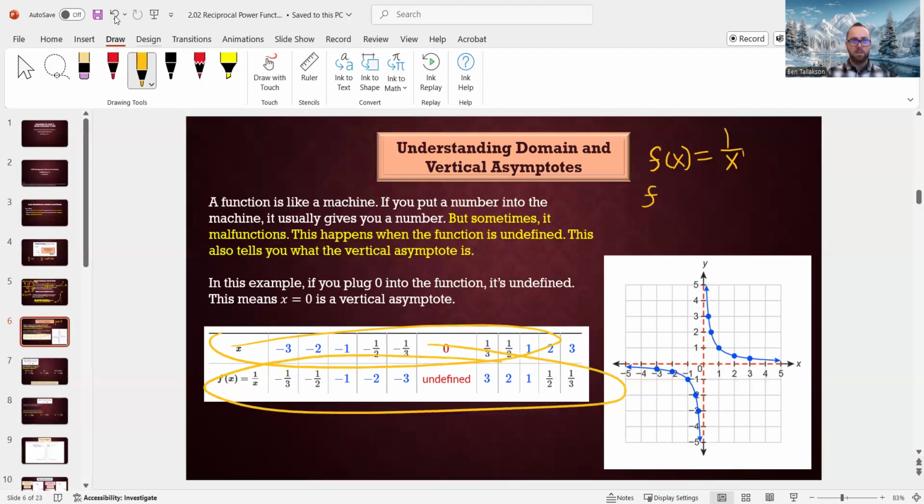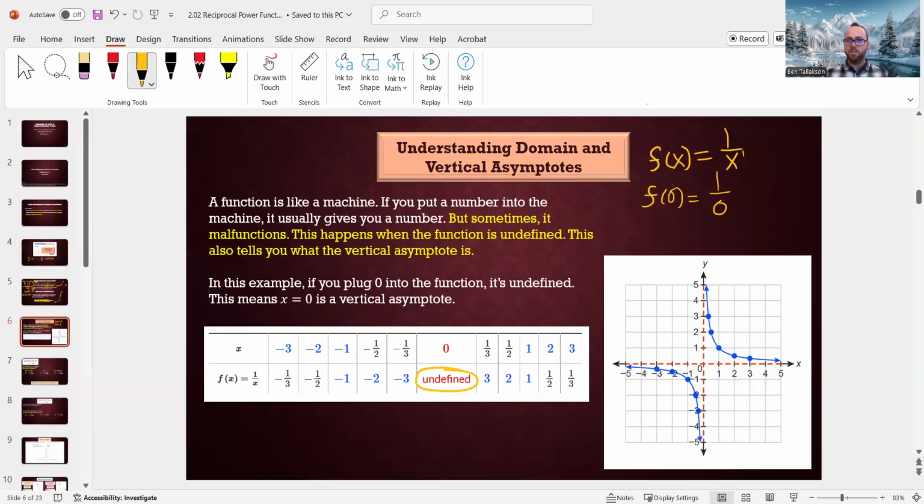In this example, if you plug 0 into the function, you see the inputs here and then the outputs there. But I'll just work it out here. If we put 0 into the function, we get that 0 in the denominator, which a moment ago we said is undefined. So not only does that tell us there won't be a point at that x value, it tells us there won't be any points along that vertical line.